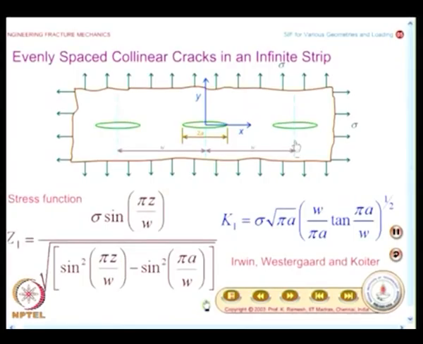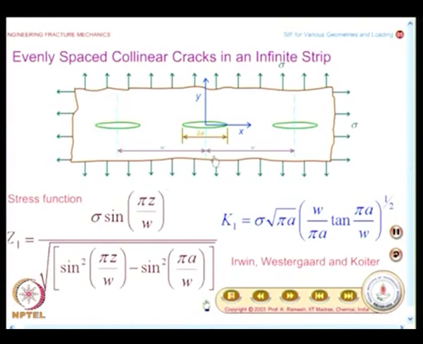There was a paper in 1957 where he had formalized all this, and for this problem of evenly spaced collinear cracks, the expression for stress intensity factor turns out to be sigma root pi a. This is magical, this still remains, which is multiplied by another factor, W by pi a multiplied by tan pi a divided by W, whole power half.